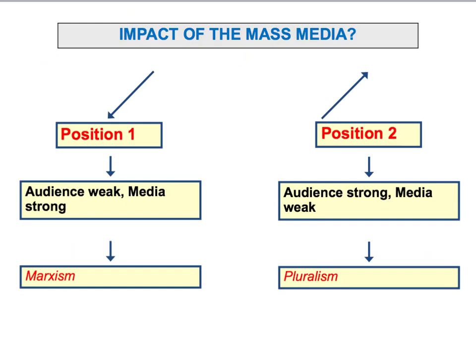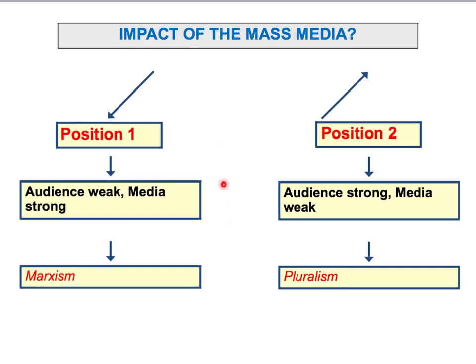And there are basically two extreme positions that we can take within sociology when considering the impact of the mass media on our ideas, our values and our behaviour. So position number one is the idea that the audience is relatively weak and the media is very strong and powerful.